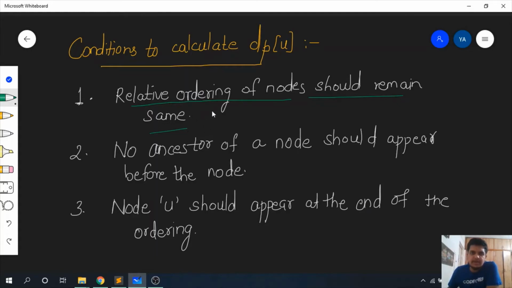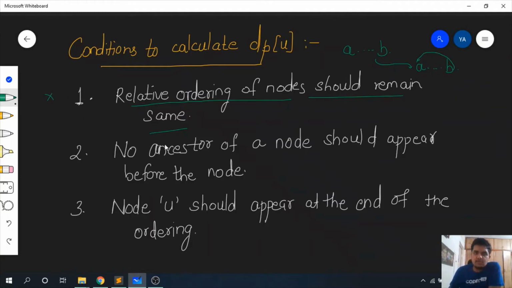This is pretty obvious: if the relative ordering is, say, A, B in one of the subtrees, then in the final answer for DP of U, the relative ordering between A and B should remain the same. It should not happen that B comes before A, because this will violate our condition.